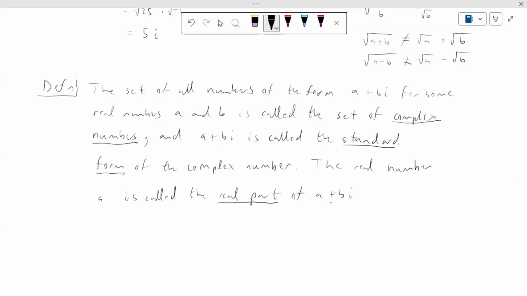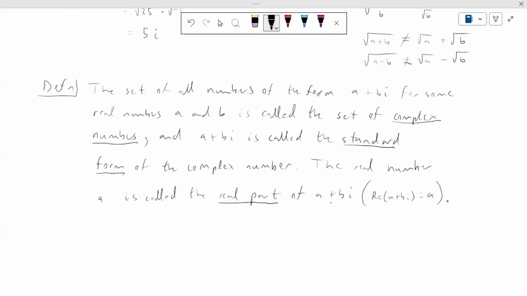And we'll write this: the real part of a plus bi is equal to a. So that's just standard notation there. Sometimes I'll spell out real part of a plus bi. I usually abbreviate it Re. So it's a function. We're plugging in a complex number, and the output of that function is just the real part, a. Okay, so good. So that's the real part.